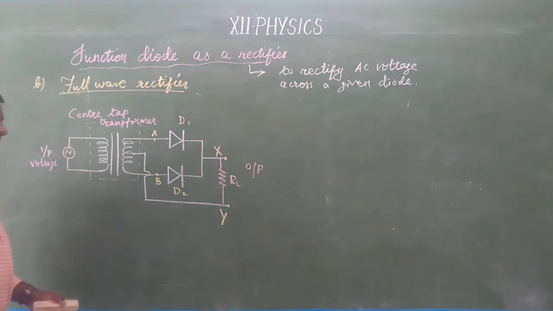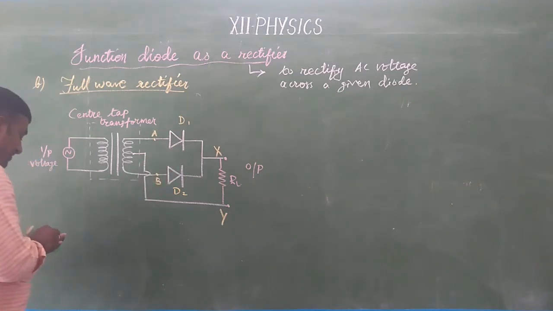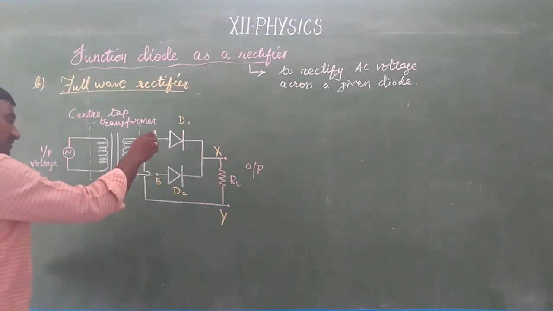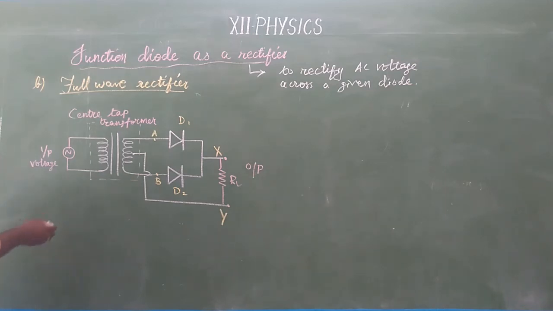How is it operated? In some cases, instead of a center tap transformer, we may draw a bridge rectifier. How does a bridge rectifier look? Listen. Instead of this, we may use a bridge rectifier. This is how a bridge rectifier looks.